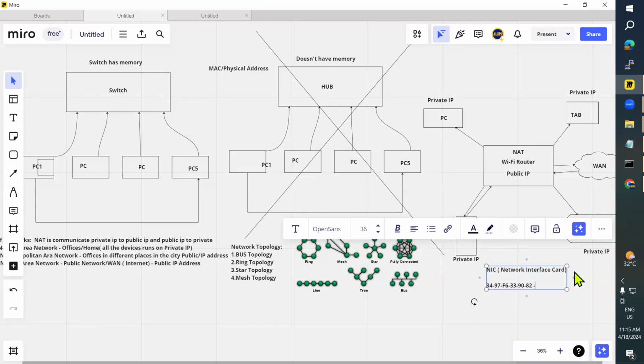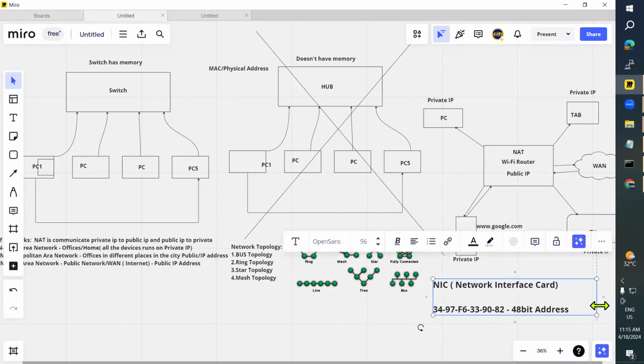So this is a 48-bit address. Here, octets. This is one octet, 2, 3, 4, 5, 6. 6 octets, and each octet is 8 bits.